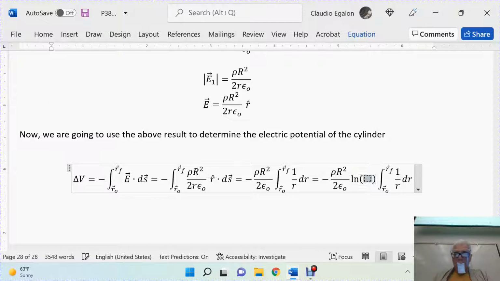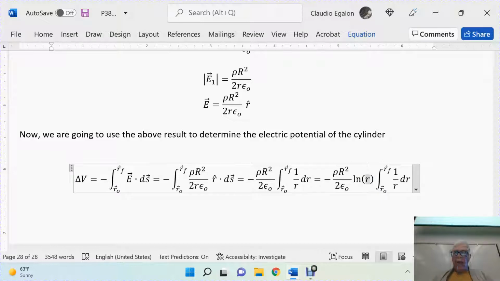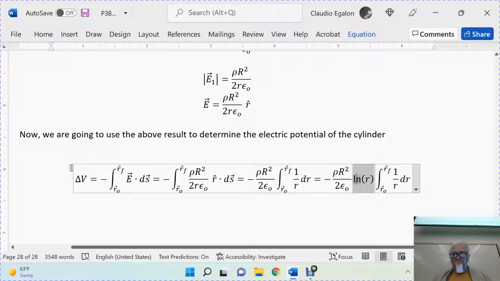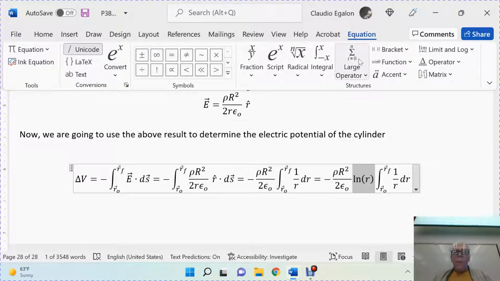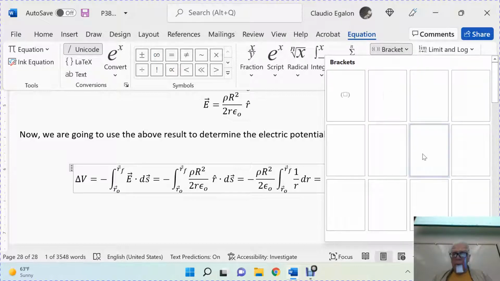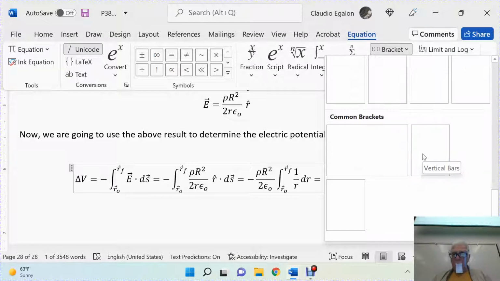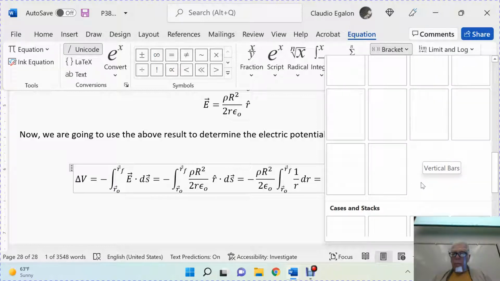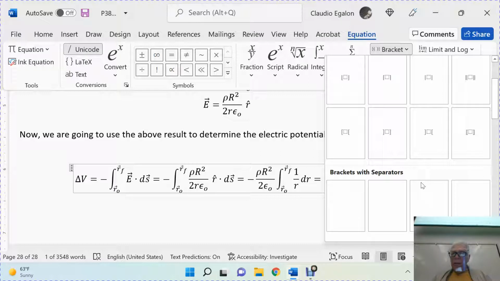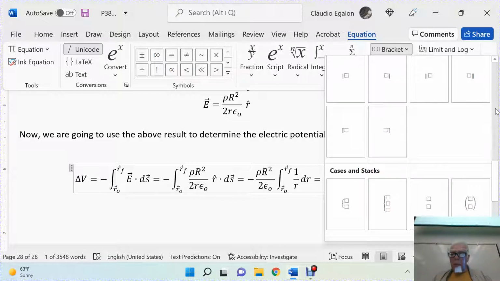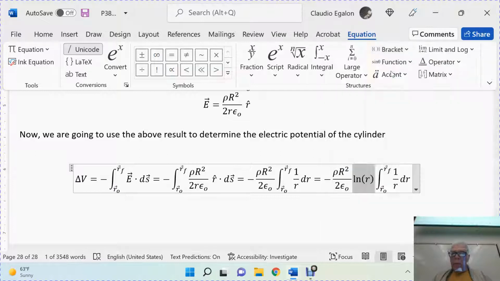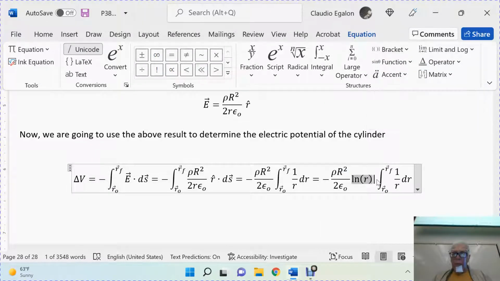In this specific case, r is always positive, and we can apply the limits right in here.